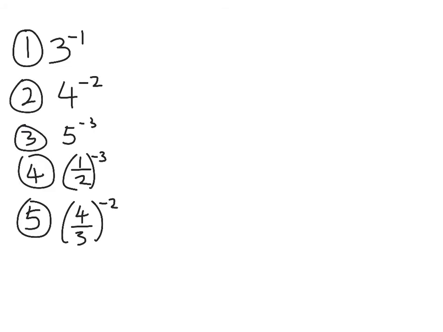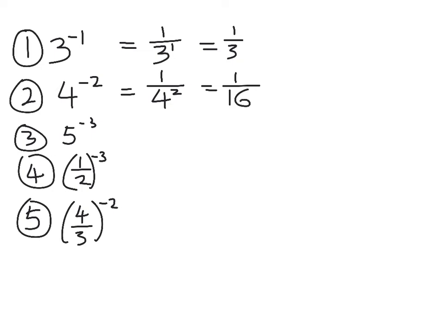Alright, starting from the first one, 3 to the power of negative 1 will be 1 over 3 to the power of 1, which is just 1/3. 4 to the power of negative 2 is going to be 1 over 4 squared, which is 1/16. 5 to the power of negative 3 will be 1 over 5 cubed, which is 1 over 125.